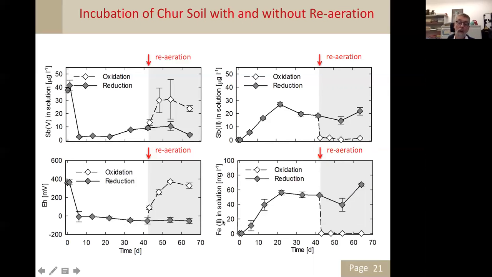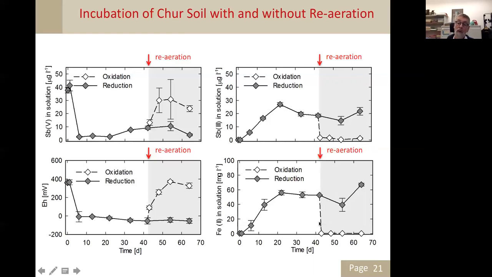The clue we got when we analyzed the iron in the solution, the iron 2. And here you see that there's quite a parallel increase in iron 2. So this suggests that there were iron oxides that got dissolved due to the reduction of iron 3 in the iron hydroxides and oxides to iron 2.